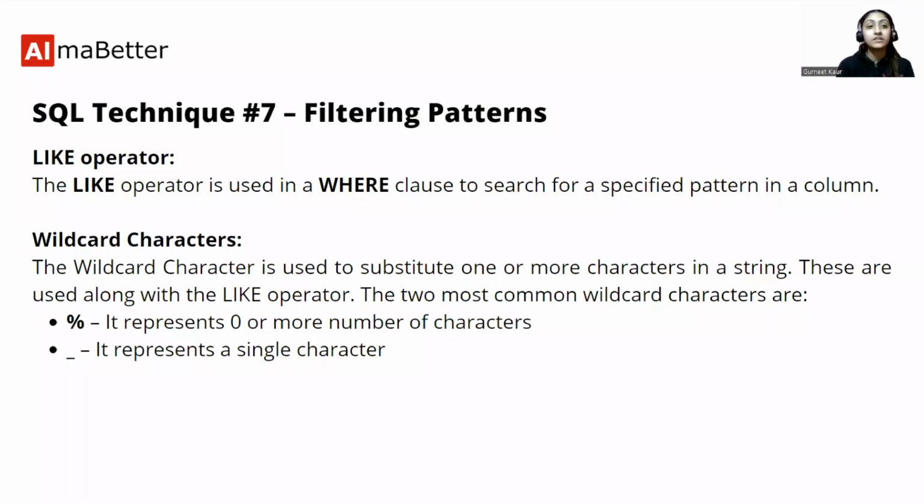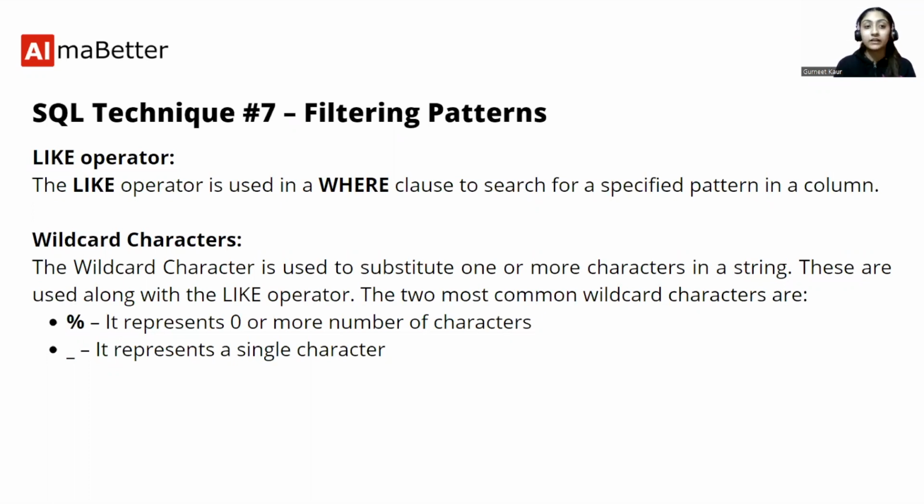Now coming up to our seventh technique, which is filtering patterns. This is one of the most important and powerful features of a database, which is the ability to filter data. It means to specify only those records which match a certain criteria, and the function that we use here is the LIKE operator. It determines if a string matches a certain pattern.